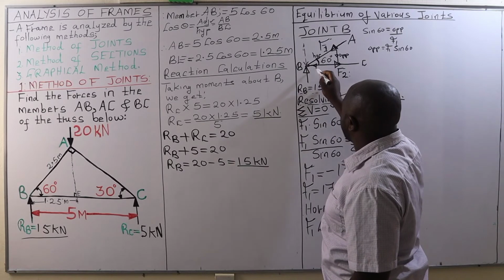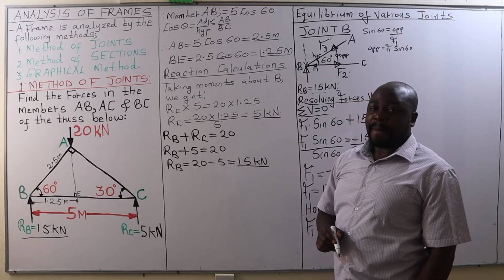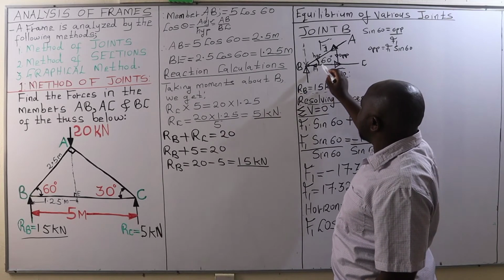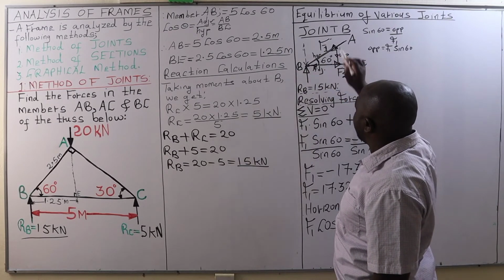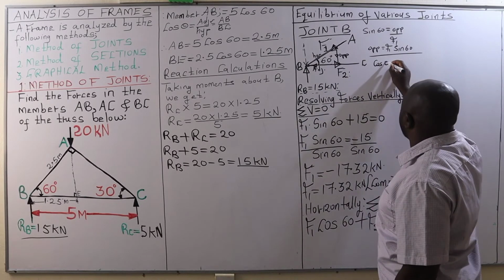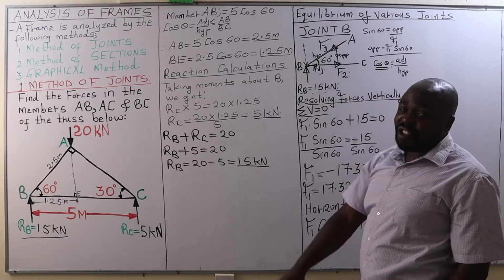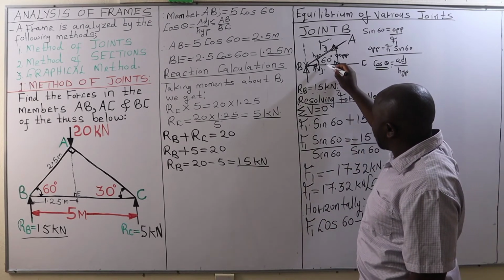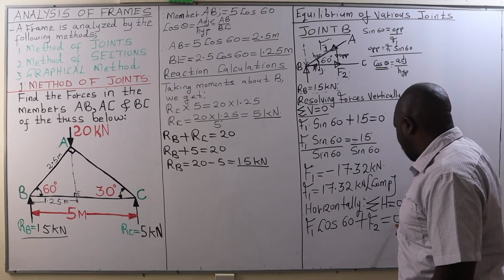Since we want it on the adjacent side, we have the adjacent and the hypotenuse, and we know that the relation of adjacent and hypotenuse is cosine. Therefore F1 cos 60 horizontally, plus F2, another horizontal force, is equal to 0.